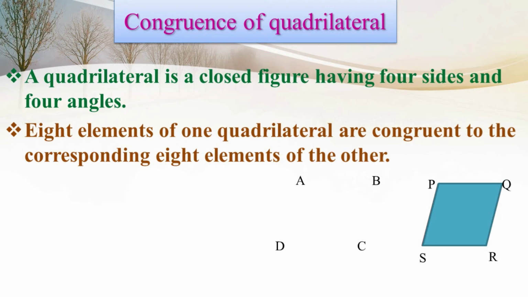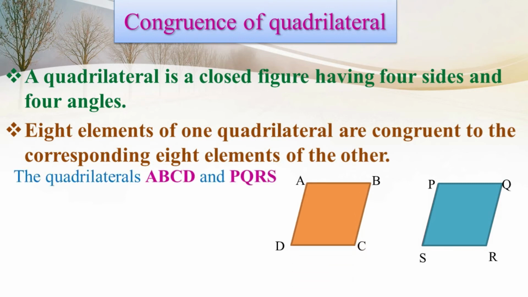So, now what are the 8 elements to be congruent? In quadrilateral ABCD and quadrilateral PQRS, the first element is side AB is congruent to side PQ.